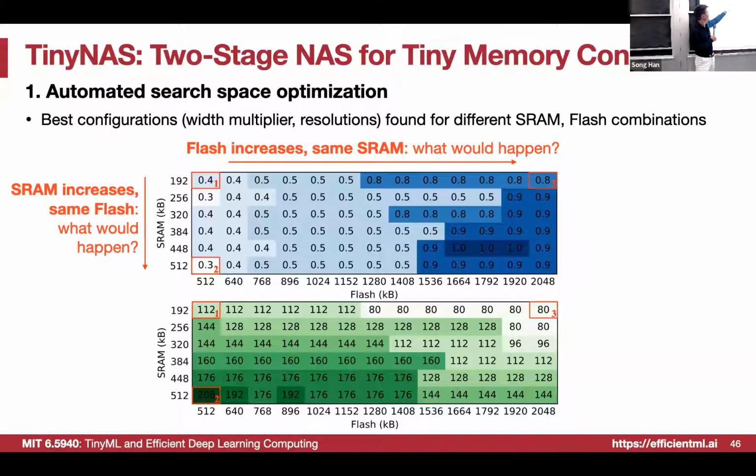Like in design 1, width multiplier 0.4, resolution 112. Design 2 with multiplier 0.3, resolution 208. So when the SRAM capacity increases but we keep the flash the same, what happens to the width multiplier and the resolution? And why is that?